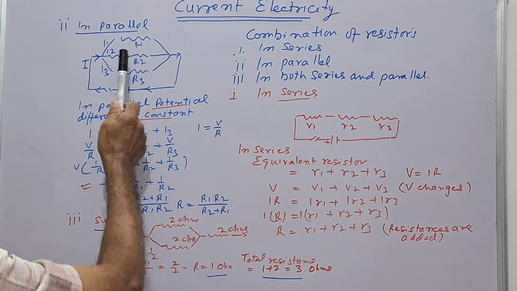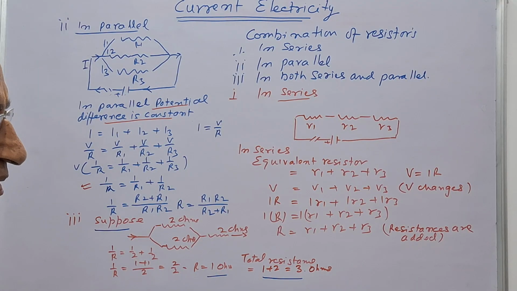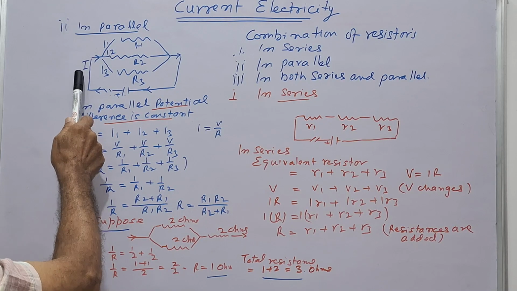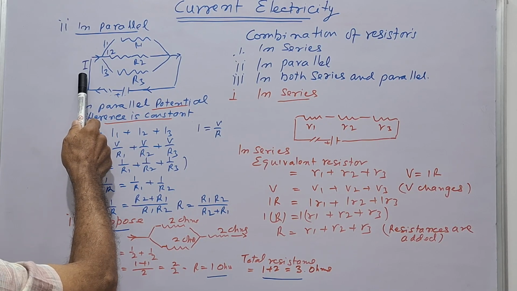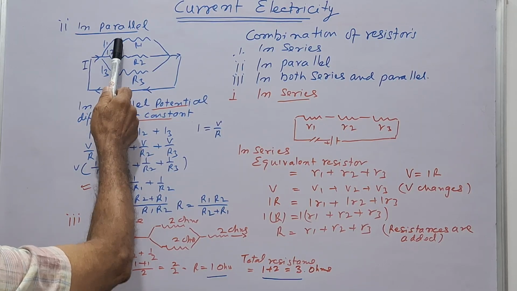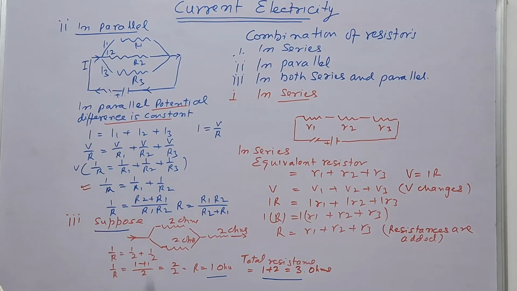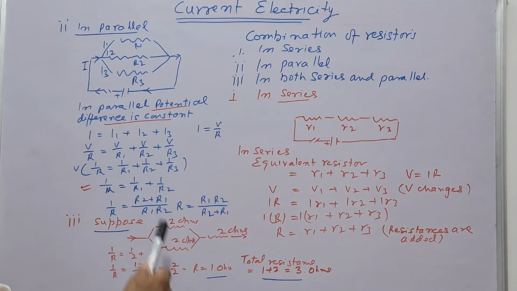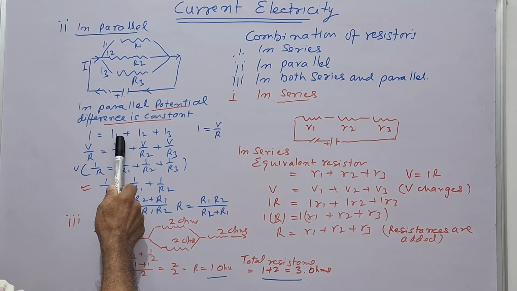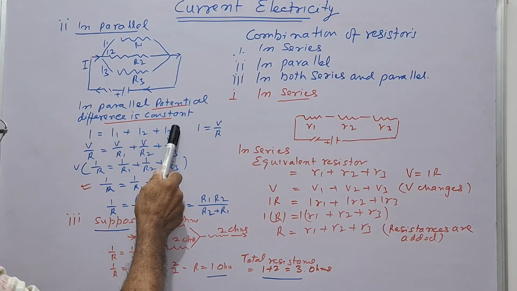In the case of parallel, the potential difference does not change while the current changes. So the input current I is divided into three resistances as I1, I2, I3, then the total current I is equal to I1 plus I2 plus I3.